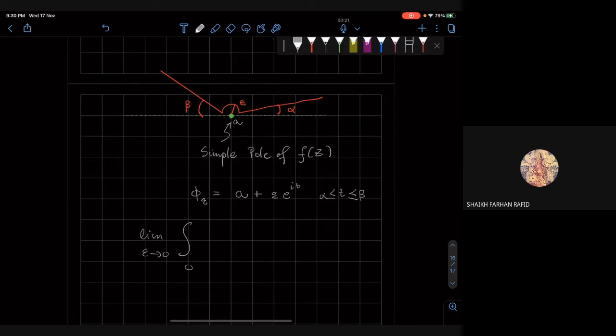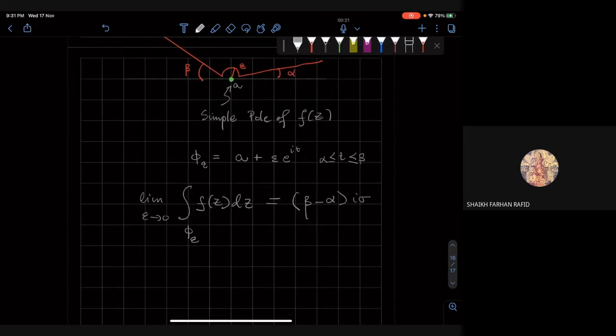And if I integrate my function with a simple pole on this contour, then it's very easy to show that this will be given by beta minus alpha times I sigma. What is sigma? Sigma is defined by this. If you define g of z to be a non-singular function, which is holomorphic at z equals a, then you can express f of z as g of z over z minus a.